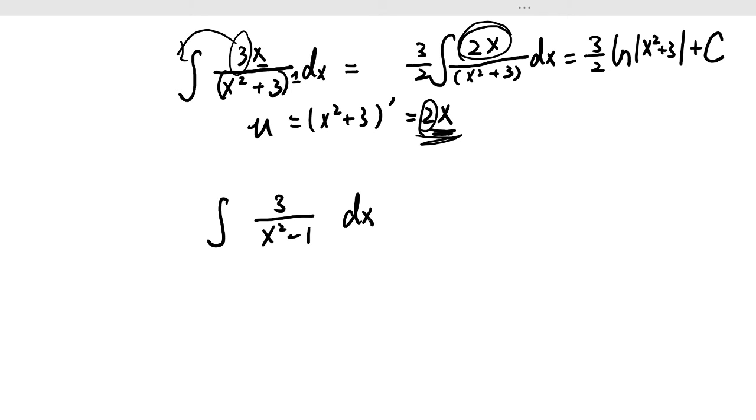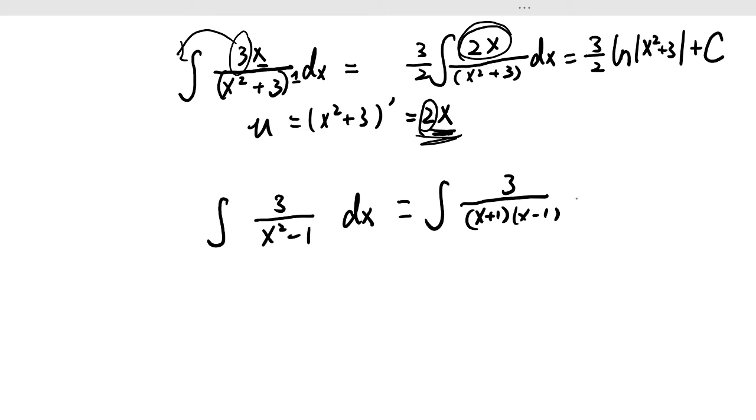So first we're going to check that the degree is 1 for the denominator. Now this is rational function form. So the first thing I'm going to do is ask, can I do factoring for my denominator? Yes, because the factoring for the denominator is x plus 1, x minus 1.